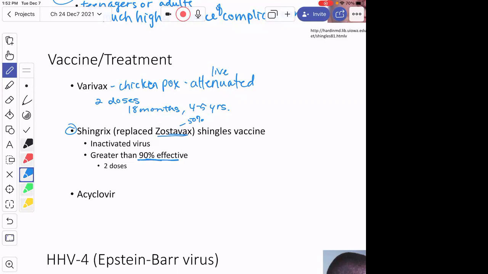It's also an inactivated virus. It's recommended for people 50 and older. So ask your parents at Christmas time, have you had that Shingrix vaccine? I got mine this summer, so that tells you how old I am. The first dose was fine. The second dose really knocked me back.